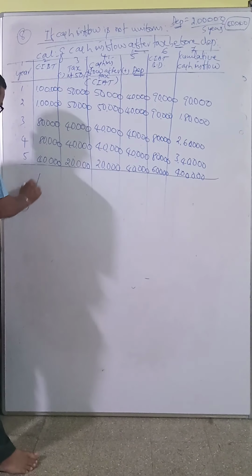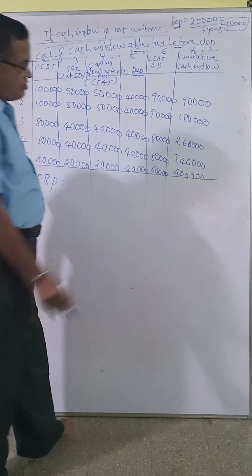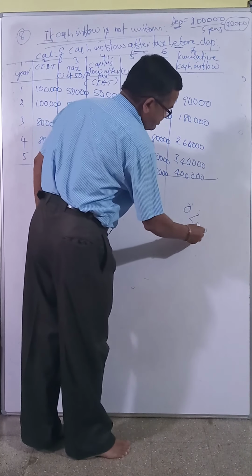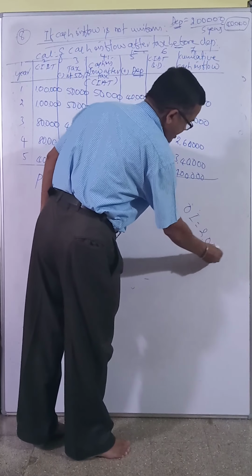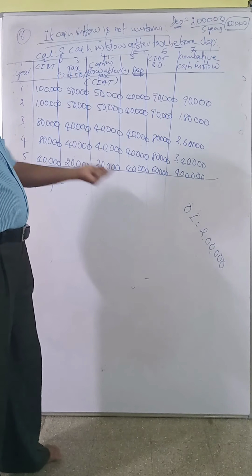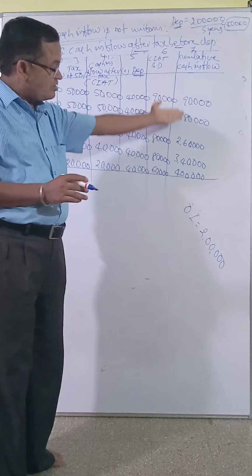Now calculate payback period. Our original investment, the company is ready to invest how many rupees? 2 lakh. Once again I will explain clearly. When do we recover this 2 lakh rupees from the cumulative cash inflow?